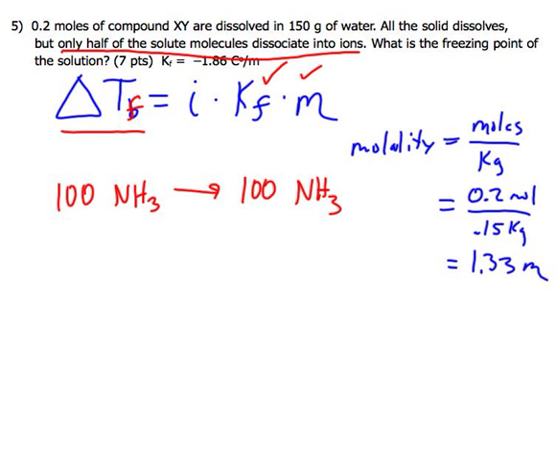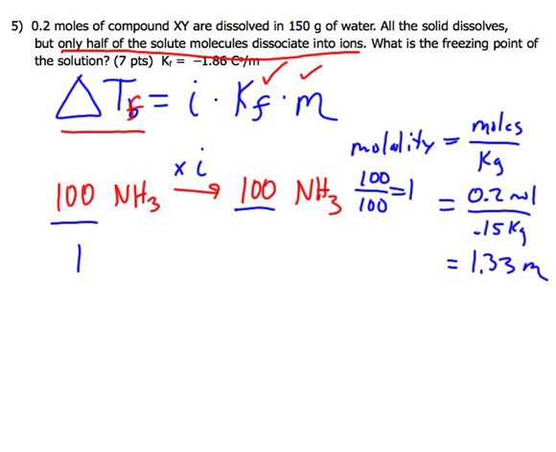So first off, what does the Van't Hoff factor really mean? What is it figuring out? It's essentially telling you that when you have a certain amount of particles that come in, you multiply it by the Van't Hoff factor, and that tells you how many particles are dissolved, how many are a result of that. The reason this is a Van't Hoff factor of 1 is because you put 100 in solution, and 100 come out.